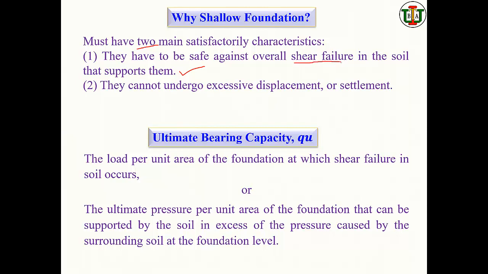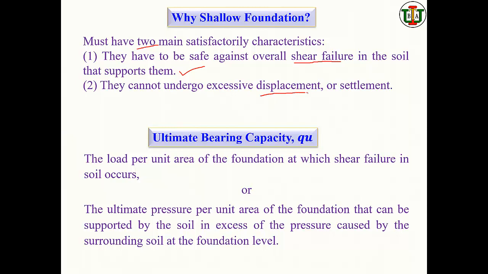So first of all, whatever footing you are considering should be sufficient to take the load coming from the superstructure. Once this condition is satisfied, you can say shallow foundation can be given, but you also need to check that they cannot undergo excessive settlement or displacement.